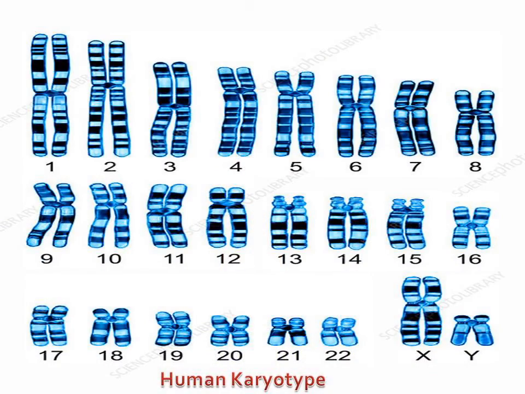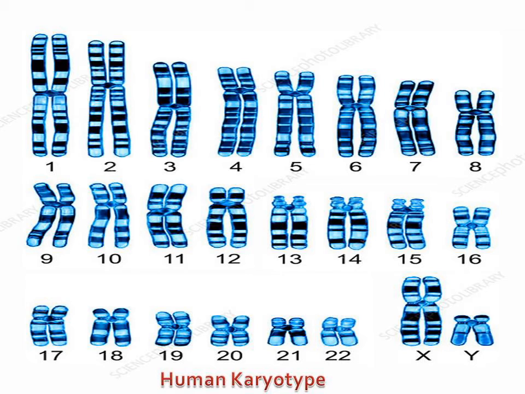This is the human karyotype, which is nothing but the arrangement of chromosomes depending upon their size. Generally the larger chromosomes are at the upper left-hand side, and the smallest chromosome is at the bottom right side.